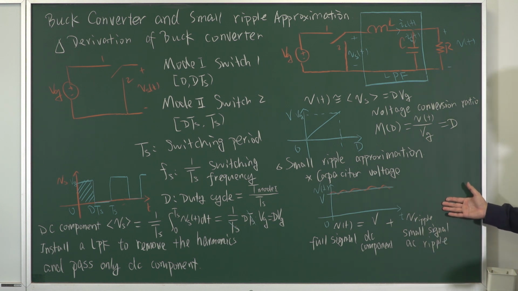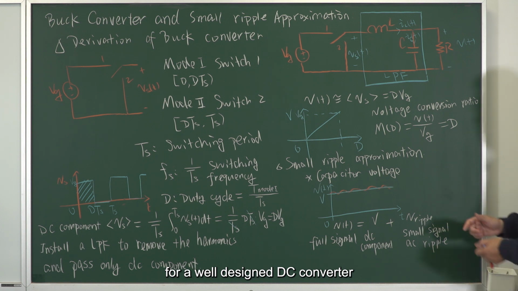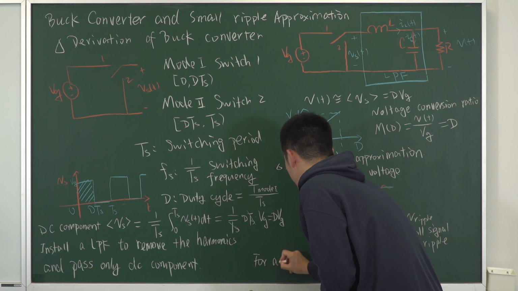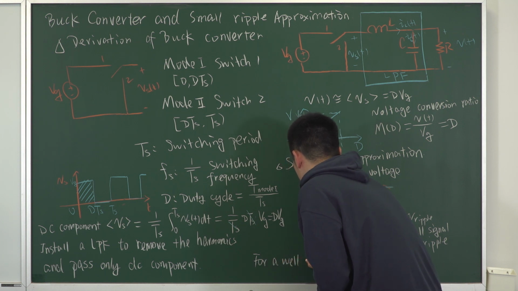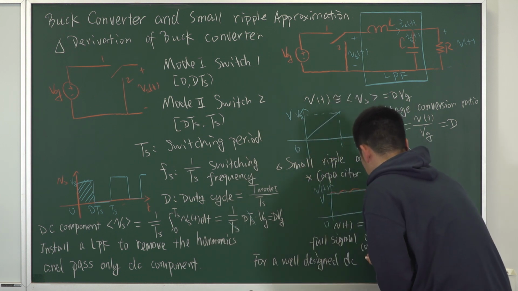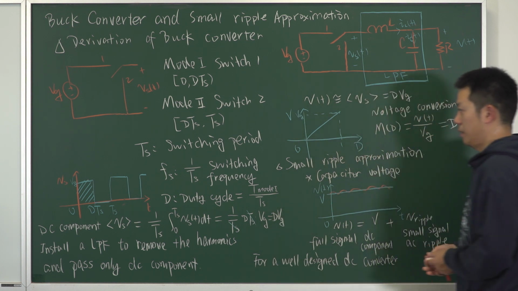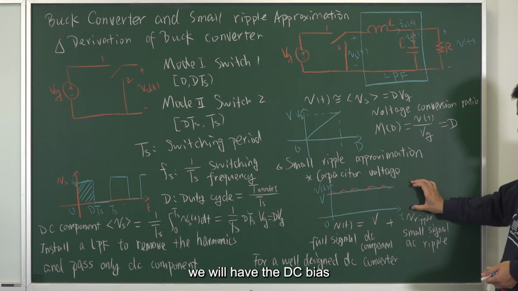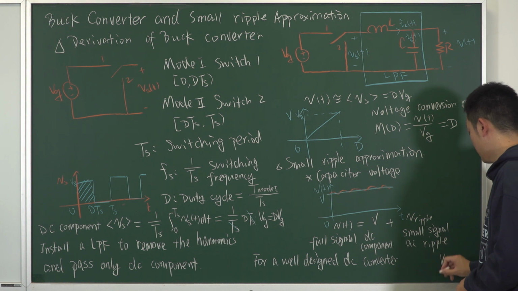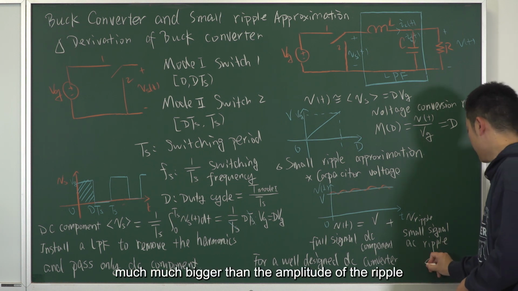So typically, for a well-designed DC converter, we will have the DC bias much bigger than the amplitude of the ripple.